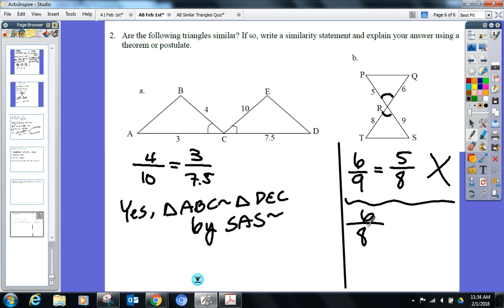One may do it, one may not. And the 5 can match up with the 9. But are they the same in that case? No, they're not. So I've tested every possibility where these two angles could match up with each other. None worked, so not similar.